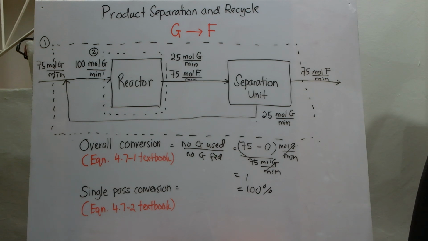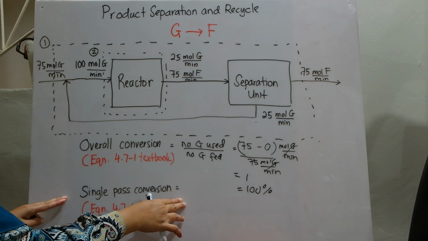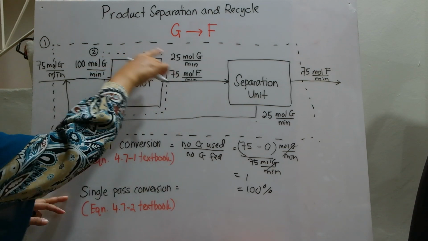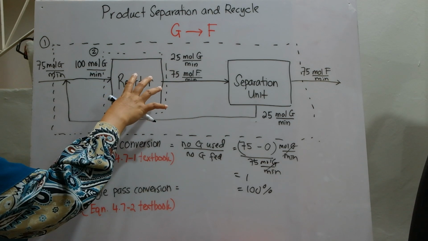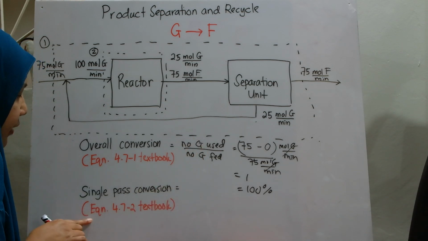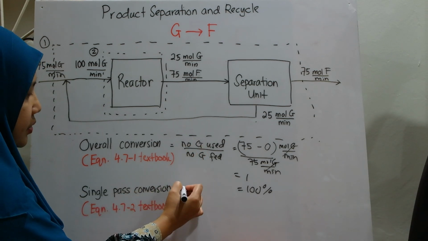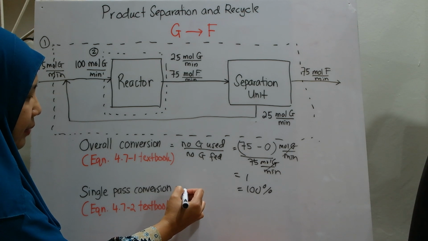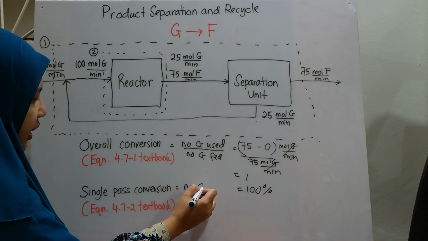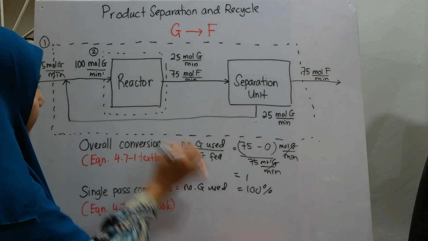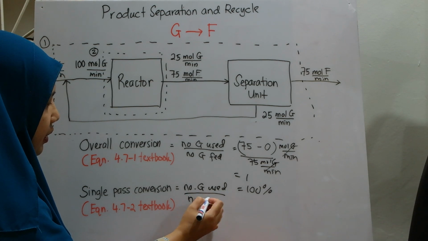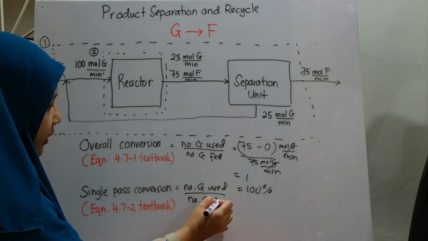For single pass conversion, it is just the conversion that happens at the reactor. For the full definition, refer to the equation; I just use the summary. It is the number of G used at the reactor divided by the number of G fed at the reactor.